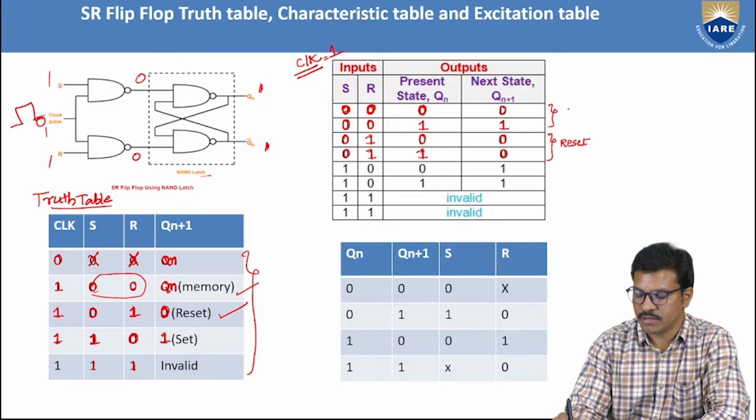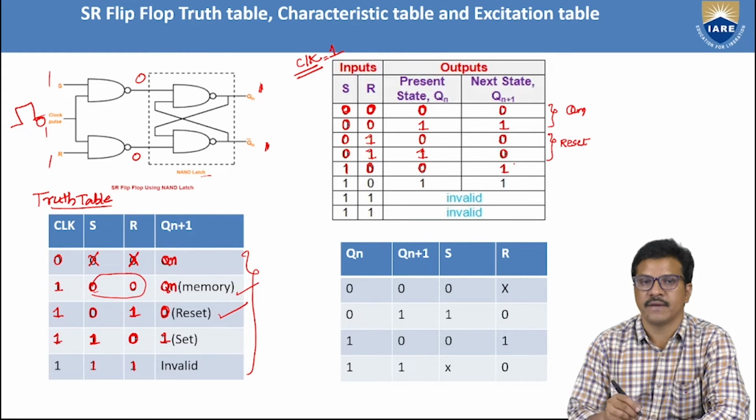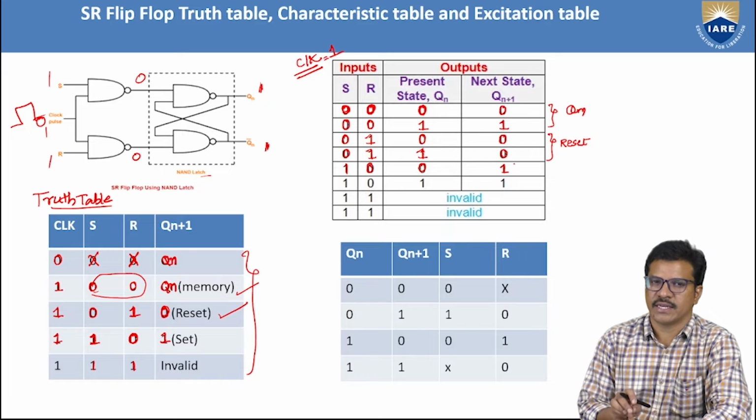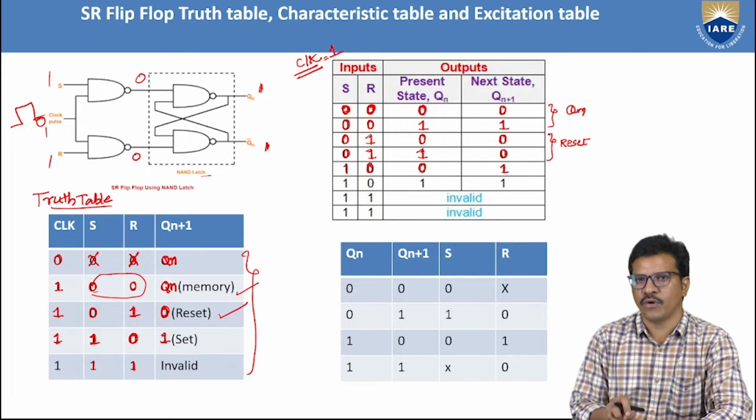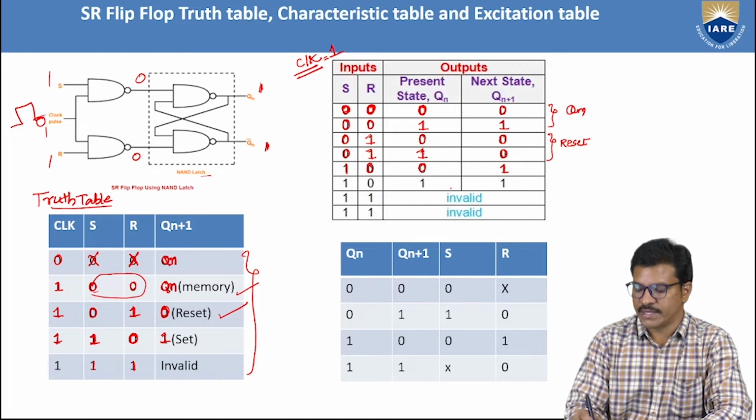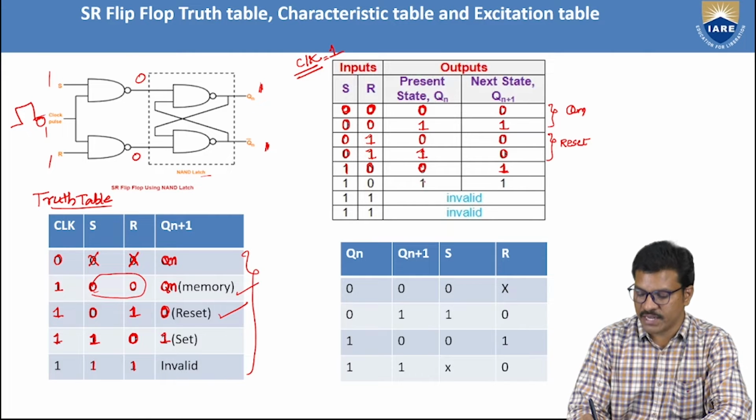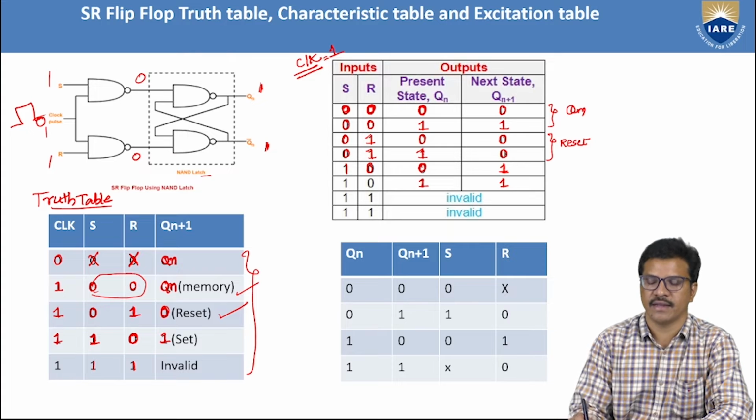Similarly, when we apply 1 0, and the present state is 0, the next state must be set. For the 1 0 case, the SR flip-flop's next state will be the set value, irrespective of present state. If present state is 0, next state 1. If present state is already 1, again it will be set.